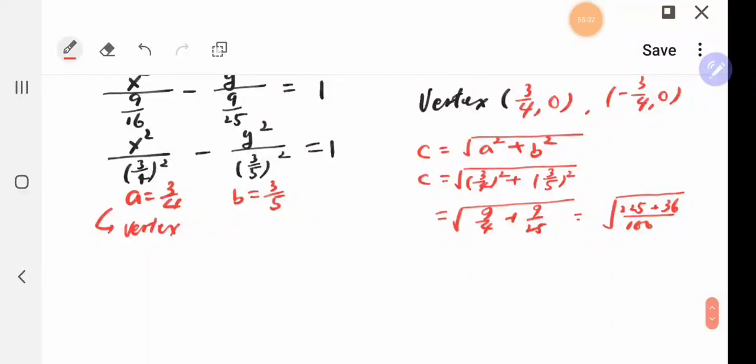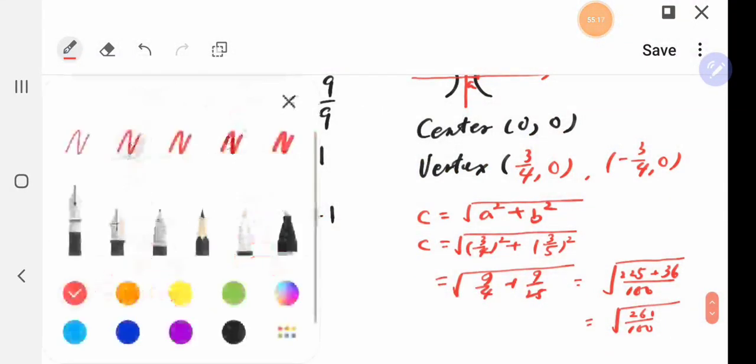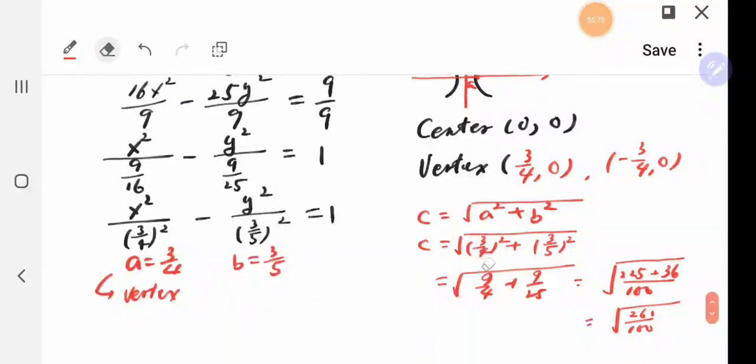There is a mistake here. 4 squared is 16, right? So let's get rid of this and use the calculator. So this will be 16. Then using a calculator, the square root gives the c value as 0.96.